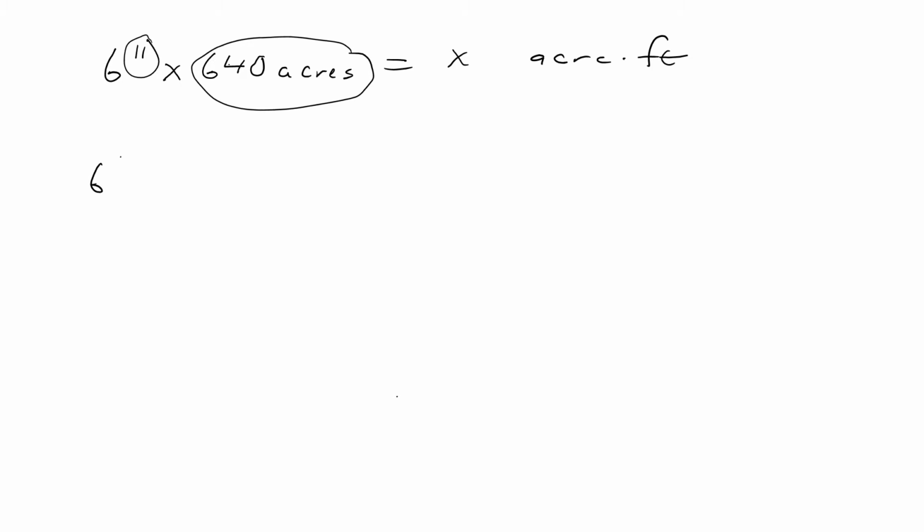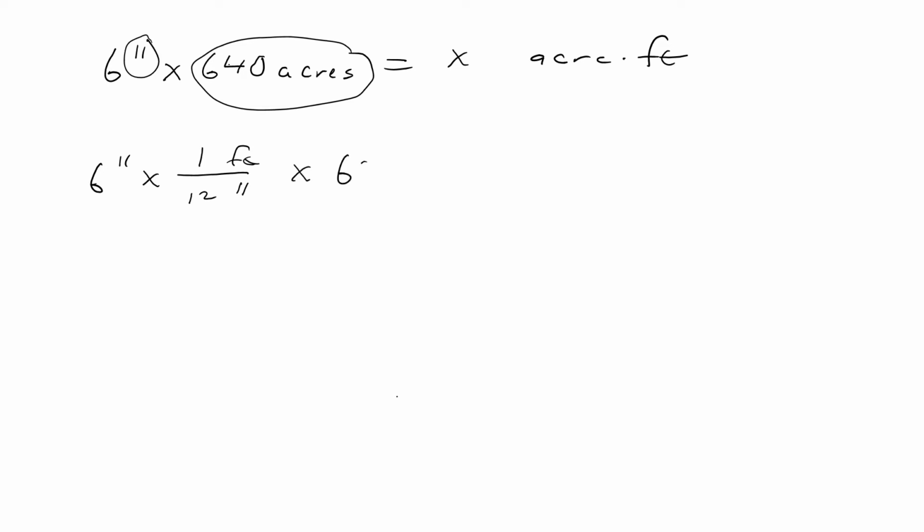So 6 inches times the conversion. What are we going to put on the bottom? We want to get rid of the inches, right? What do we want on top? Feet, right? How many inches in a foot? 12 inches in 1 foot.